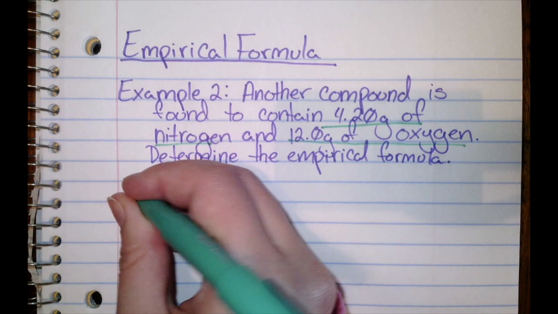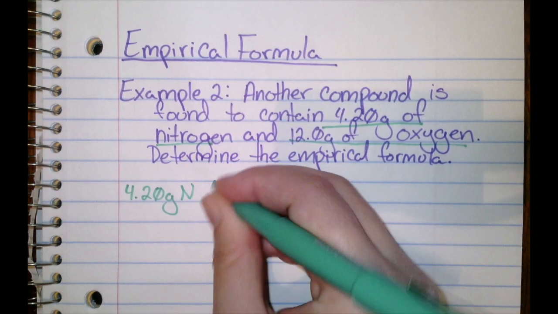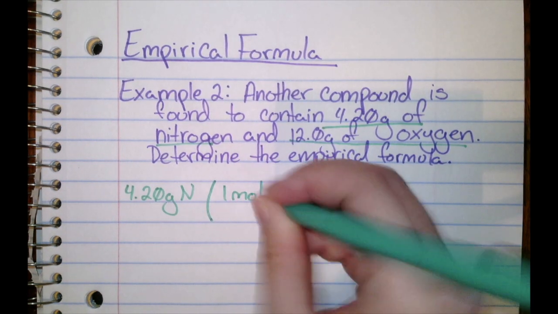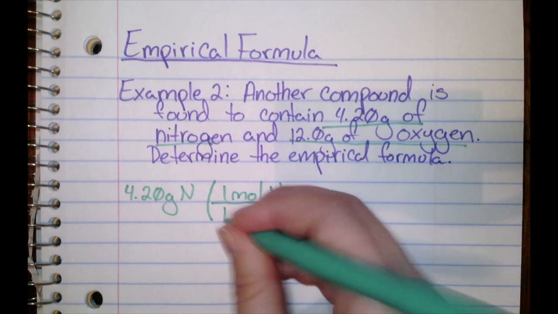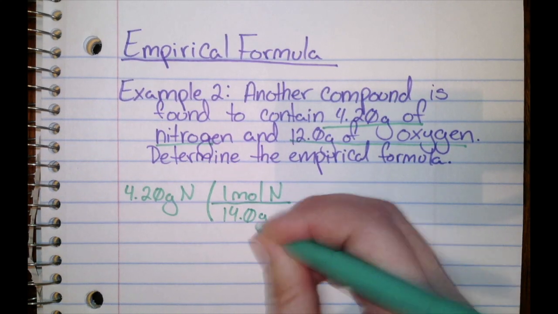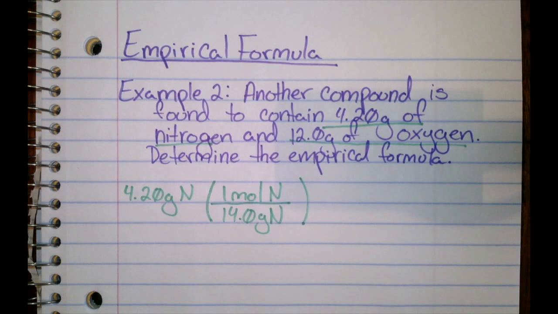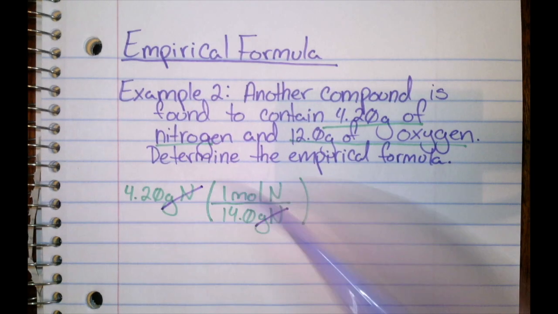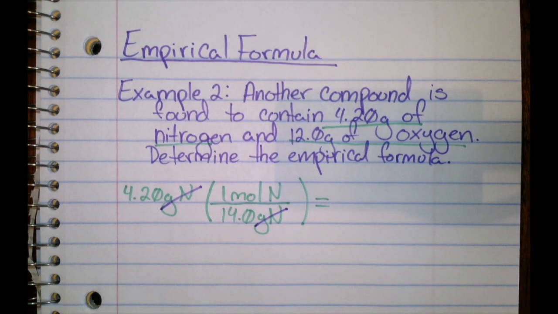I'm going to start with my 4.20 grams of nitrogen and, using the exact same molar mass as last time, I'm going to convert that to moles of nitrogen. This way my mass of nitrogen cancels, and then we just need to solve it out.